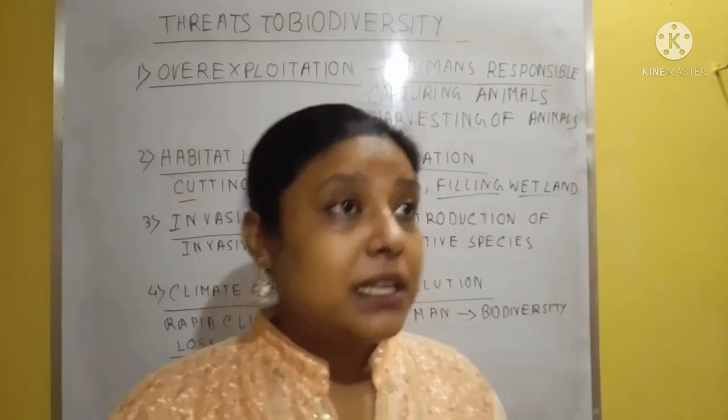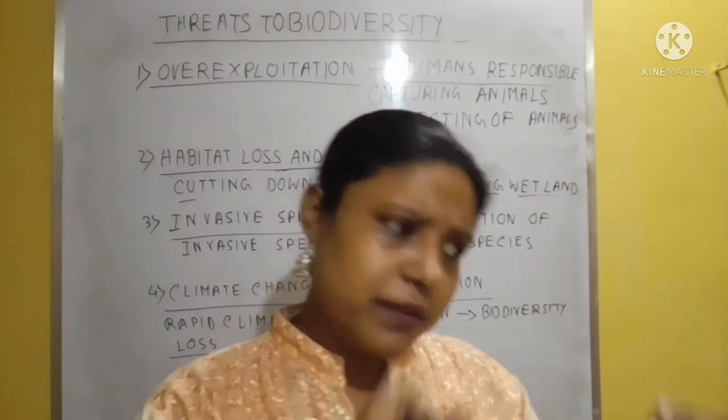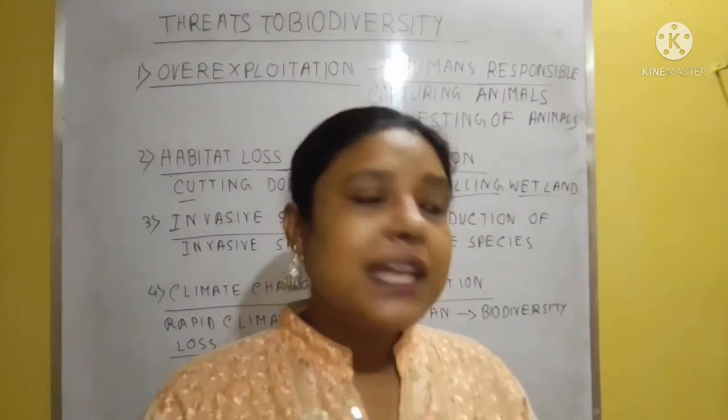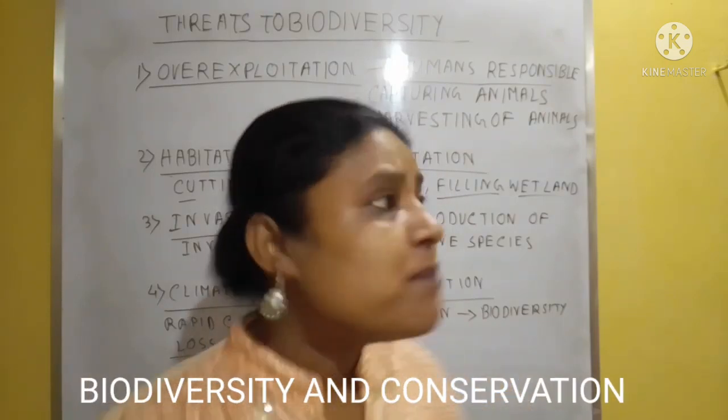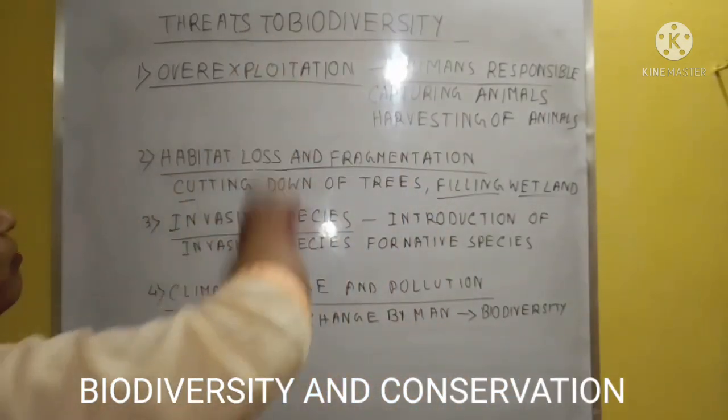But when humans are responsible for changing the climate, in that situation all the species, plant or animal, everything, cannot get much time for getting the adaptive features, or cannot accustom to the changing environment, and in that situation destruction is possible. Okay, so these are the threats of biodiversity.